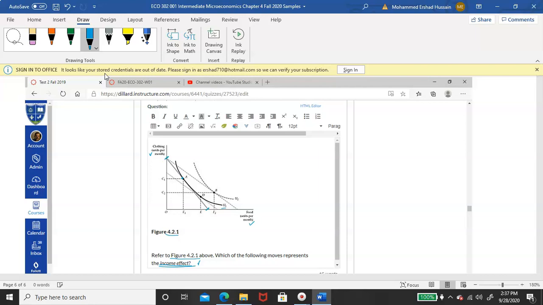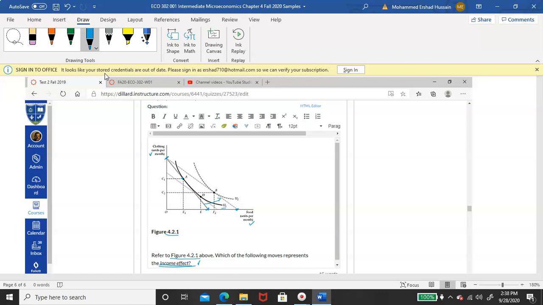Then the price of food decreases. And how do we know that? Because look, the budget line swings out. Because of the lower price of food, we can buy more food with all our income. So look, the intercept has changed.